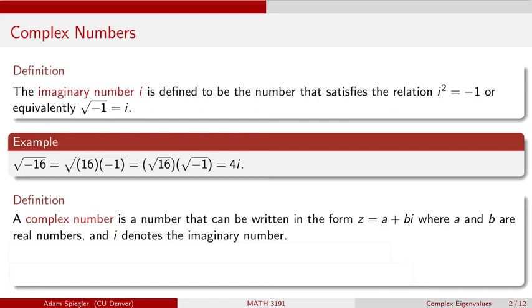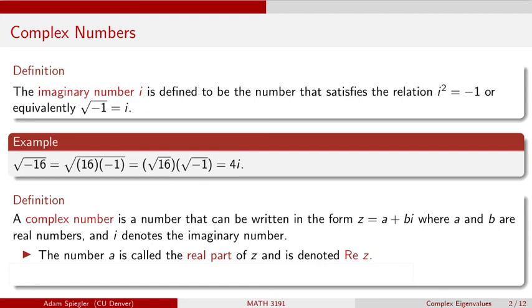A complex number is any number that can be written in the form a plus bi, where a and b are real numbers and i is the imaginary number. We often denote complex numbers with the letter z. So we would say z equals a plus bi is a complex number. There are two parts to this complex number.